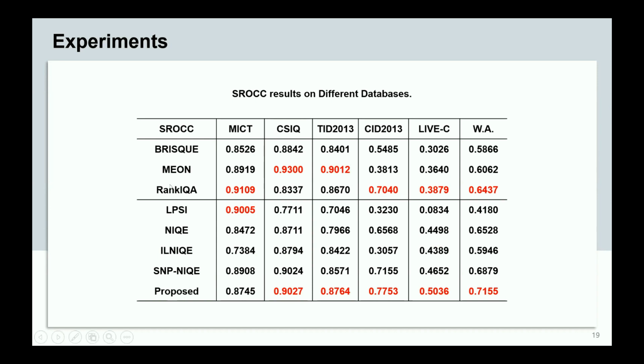The first 3 methods are supervised BIQA methods, and the rest 5 are unsupervised BIQA methods. For fair comparison, all the supervised BIQA models are trained on the LIVE database, and that's why LIVE doesn't appear here. The best performance of supervised and unsupervised models is highlighted in red.